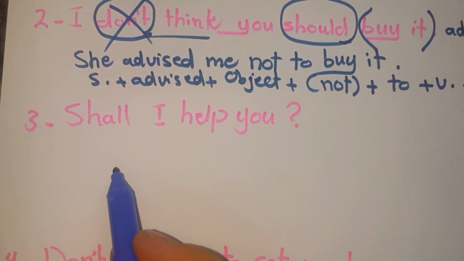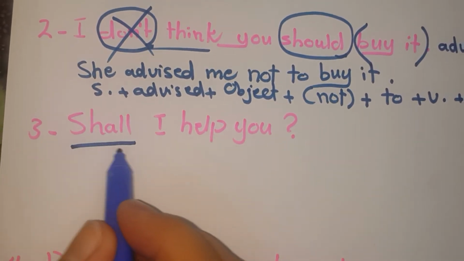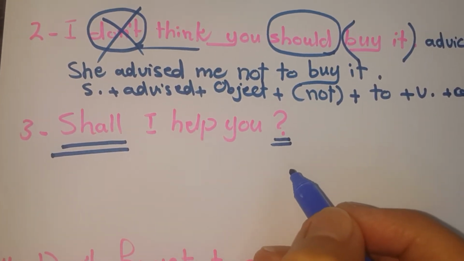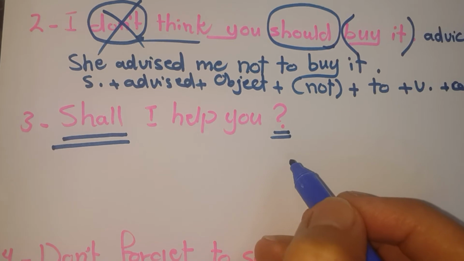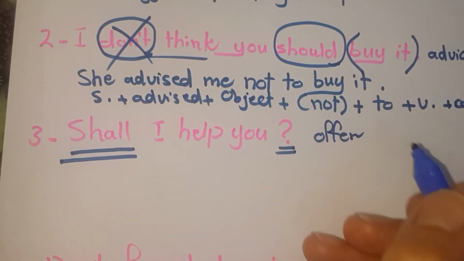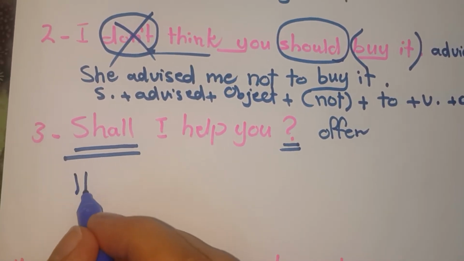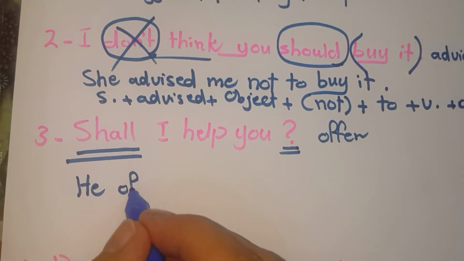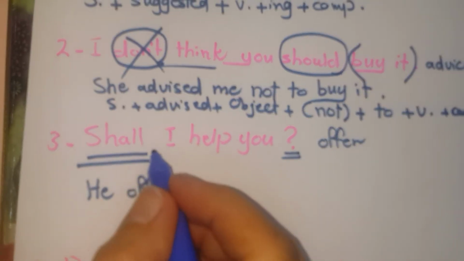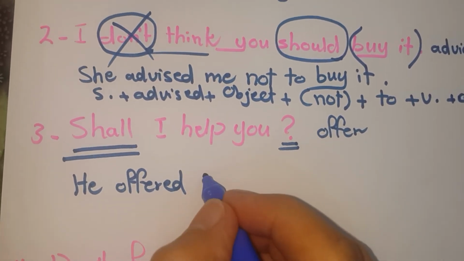Shall I help you? This is what? A sentence starting with shall and ending with a question mark. It's an offer. So we say he or she offered me, referring that the sentence is what? Is an offer. To what?